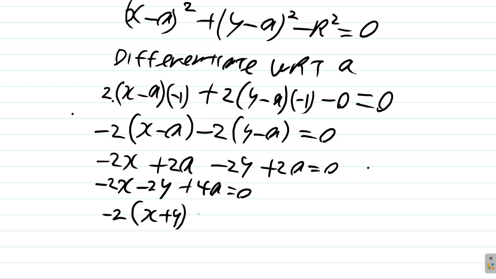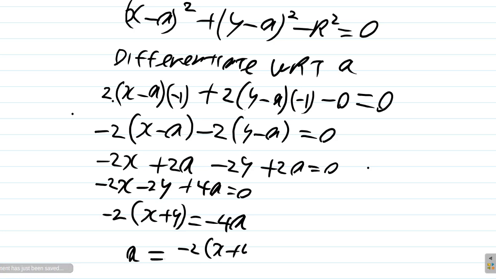Then subtract 4a from both sides now. Equal negative 4a. Now when you make a the subject, you're going to put the 4 under here and divide by it. And let's flip it around at the same time. A equals negative 2 times x plus y over negative 4.